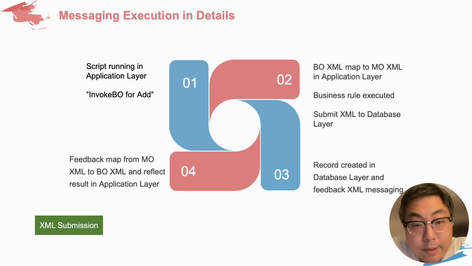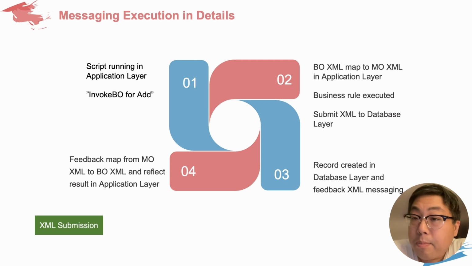So I take one example where you write a script and you say, in the script, I want to invoke a BO and add a record for this BO. So what actually happens is, when the script is running on the application layer, it maps the business object XML to the maintenance object XML first.